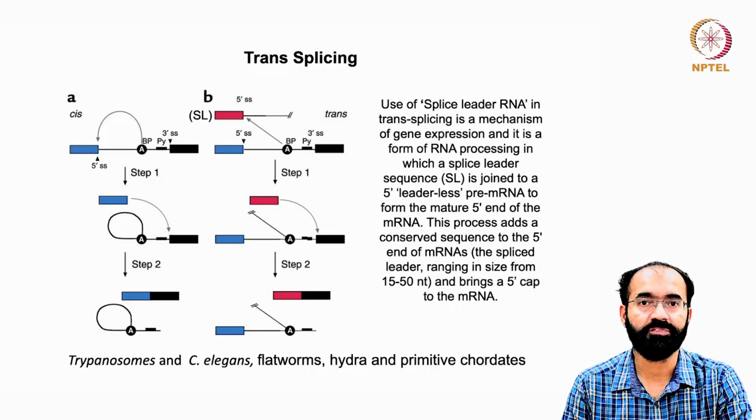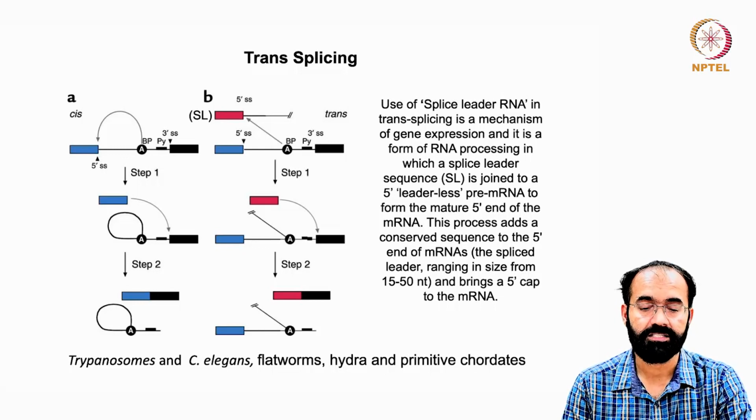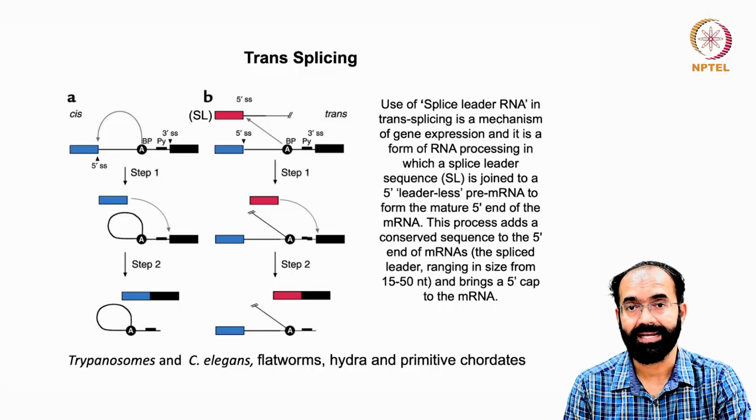Now the branch point from one of these RNAs, present on the intron of one of these genes, instead of going to this splice site, goes on to the trans-splice site, and subsequently the splice leader sequence does the second transesterification reaction onto the RNA's second exon.